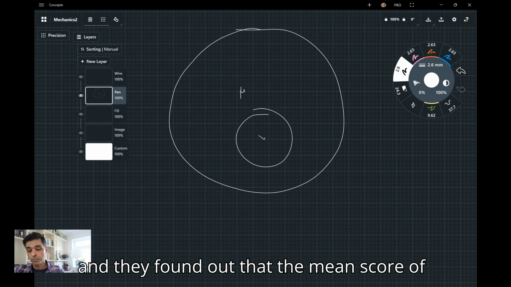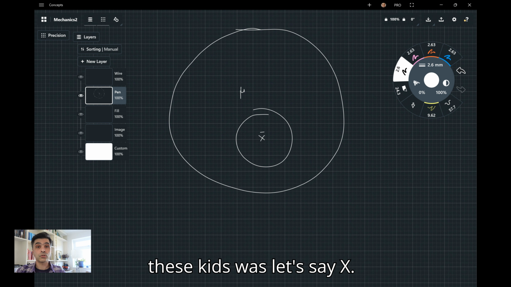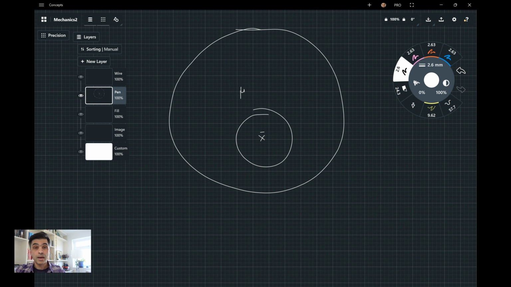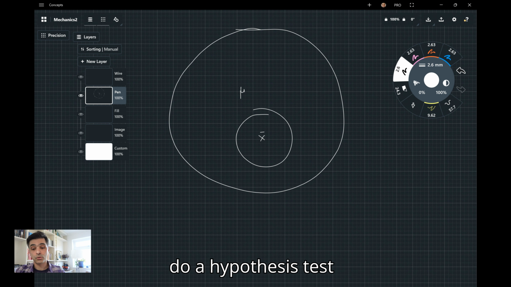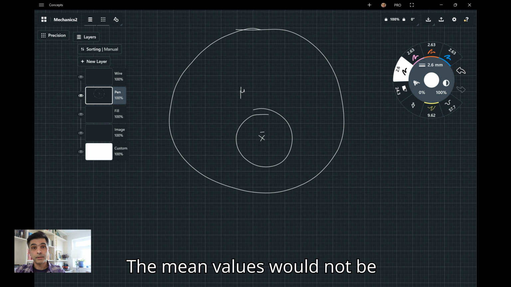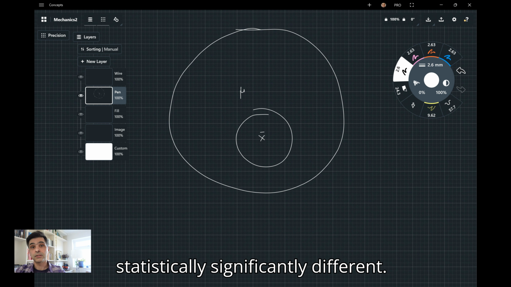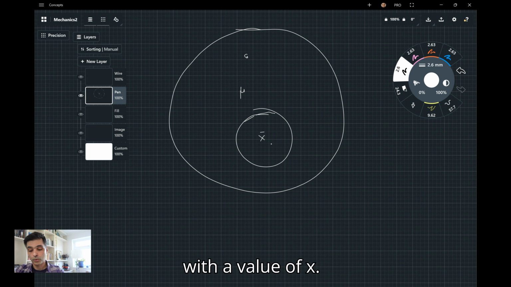And they found out that the mean score of these kids was, let's say, X. Now, it must be that if we do a hypothesis test on these two samples, the mean values would not be statistically significantly different, suggesting that it is very probable that from this population you get a sample with a value of X.